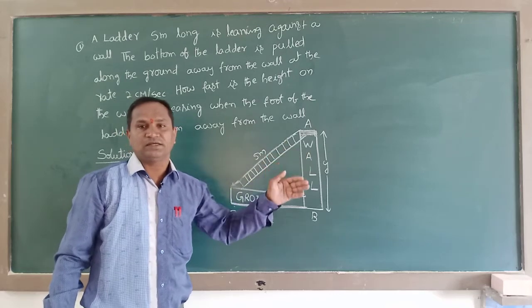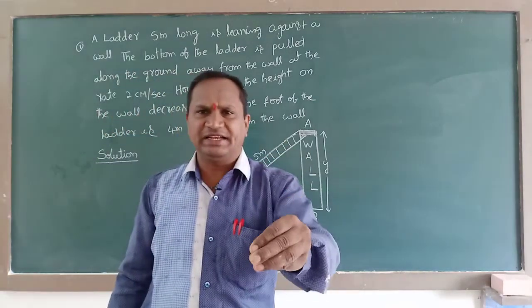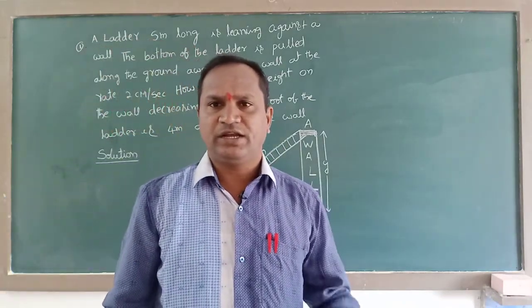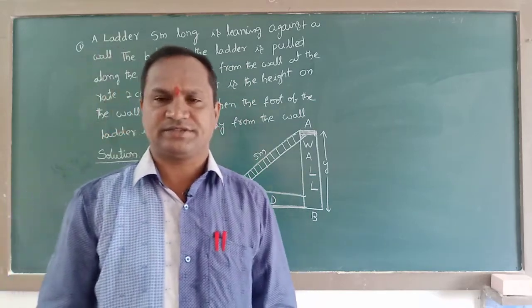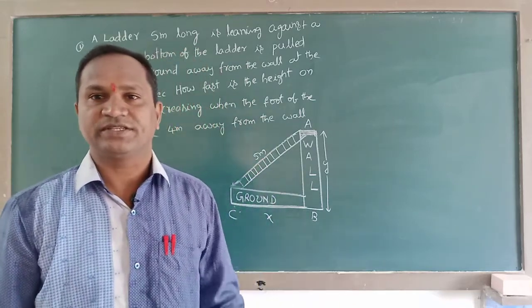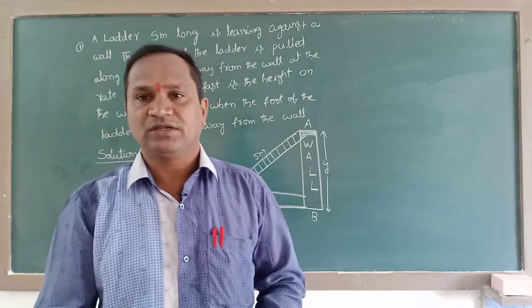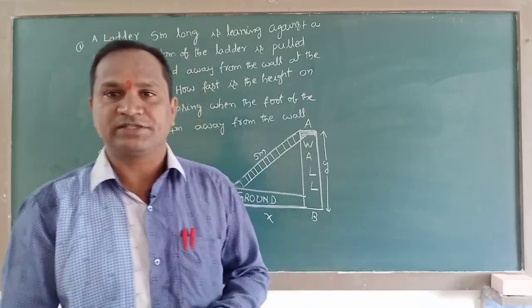Decreasing rate means finally we should get the answer in negative. When it is negative, definitely we write that as decreasing rate. Now we will discuss how much it is coming down and whether we are getting positive or negative.